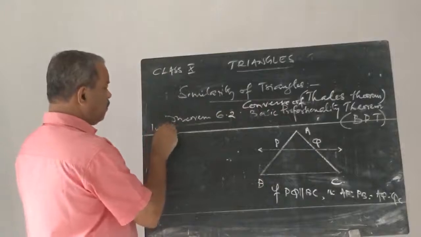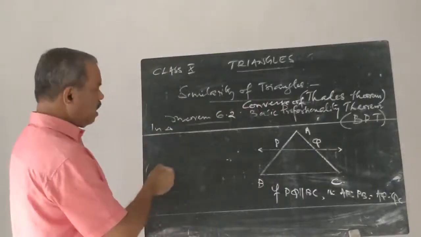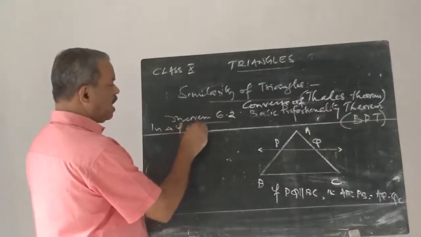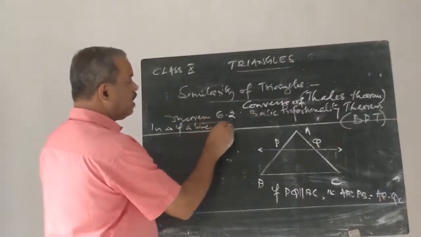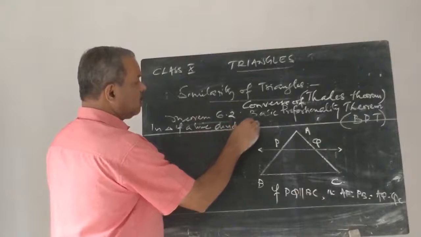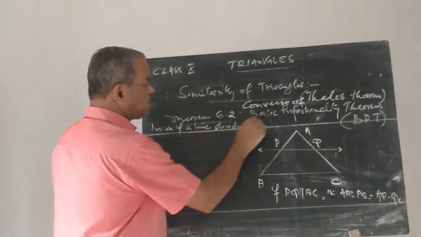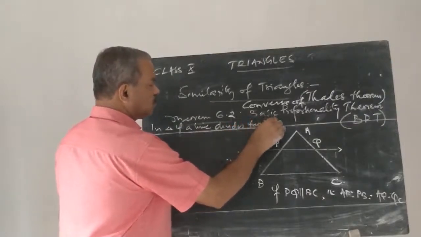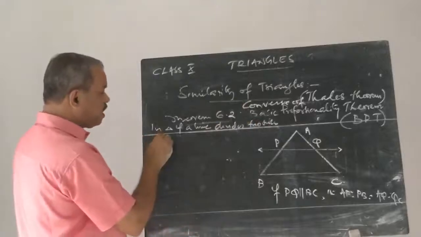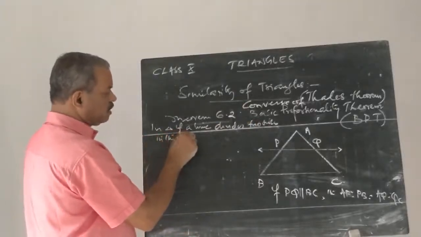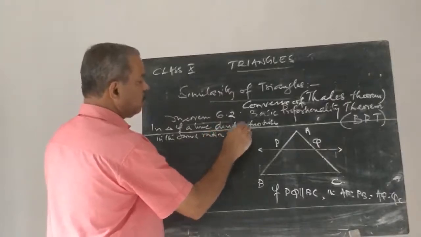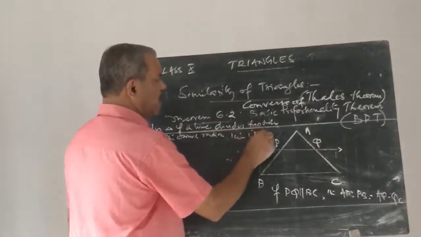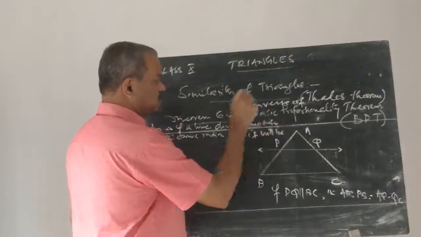In a triangle, if a line divides two sides in the same ratio, then it will be parallel to the third side.